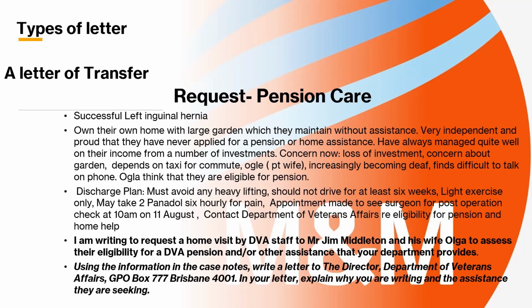Otherwise, it's better to write the full form, right? Anyhow, I'm writing to request a home visit by Department of Veteran Affairs staff regarding the availability of pension and home health, right?